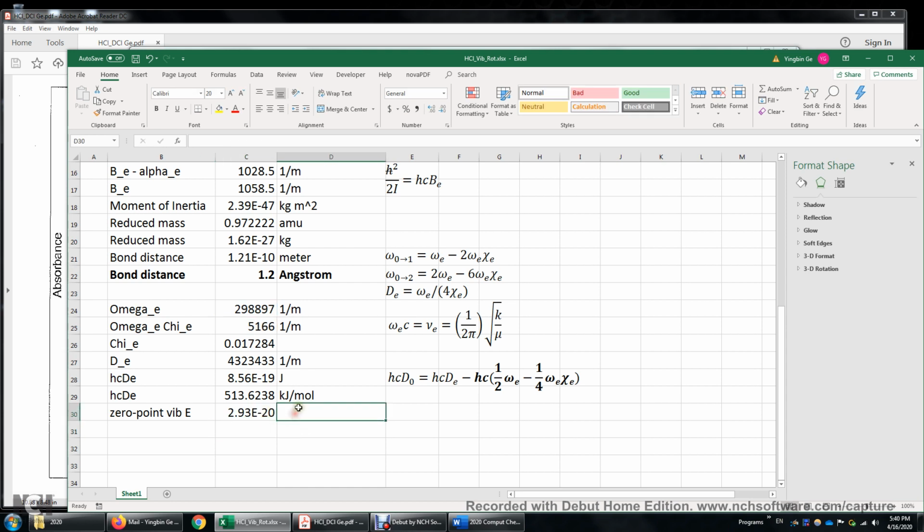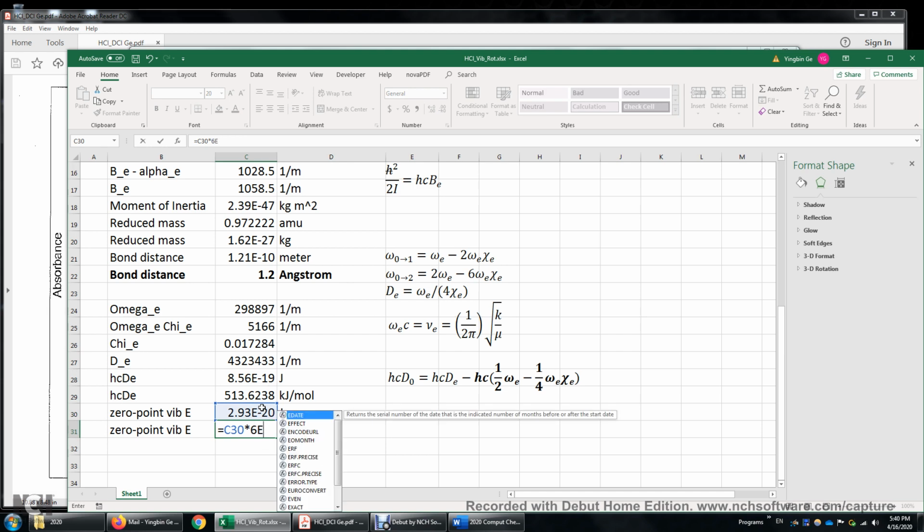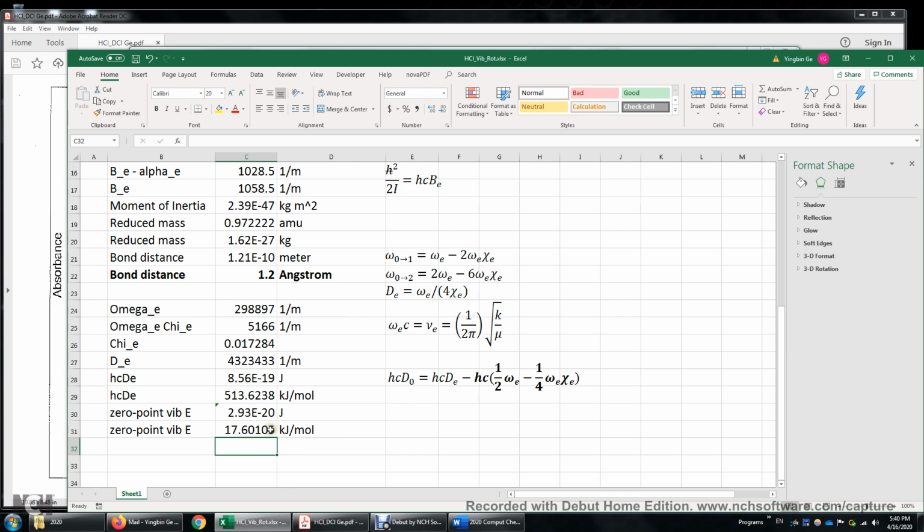All right, this is also in joule. And I will convert this zero-point vibration energy to kilojoule per mole as well. So again, it's this number times Avogadro constant divided by 1000. Right, that's roughly 17 kilojoule per mole.